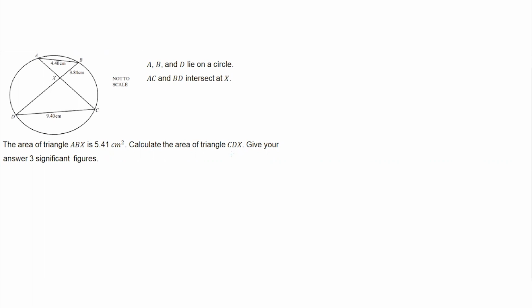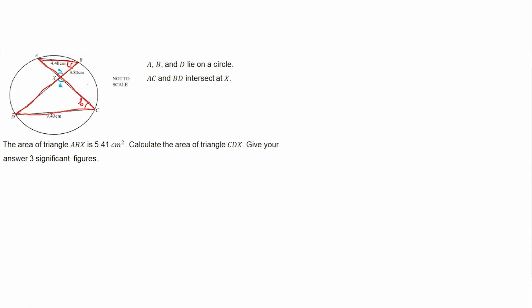In order to handle this question, I have to find any rule that satisfies similarity between those triangles. See, if I have angle A here, this also will be angle A because they are vertically opposite angles. And if I have angle B here, you see, this angle B lies on exactly the same arc that angle C stands.